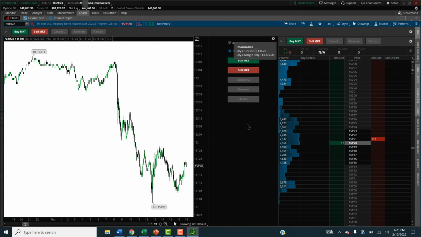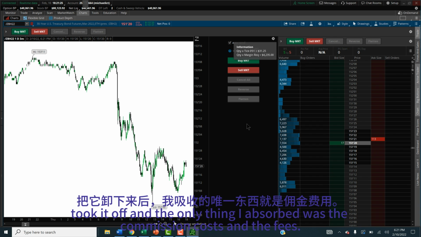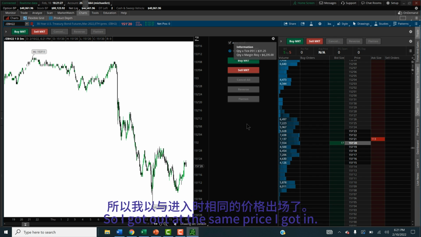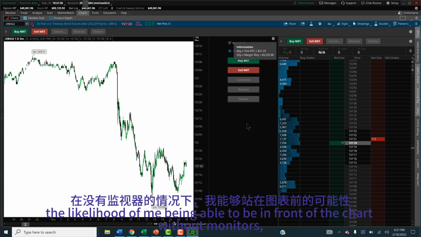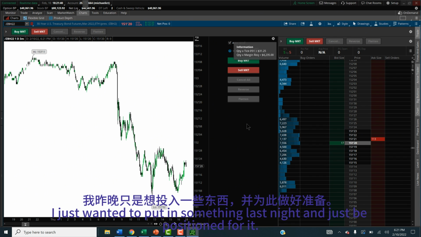But I took it off, and the only thing I absorbed was the commission costs and the fees. So I got out at the same price I got in. It just wasn't moving, but I knew it was going to be moving today. And the likelihood of me being able to be in front of the chart without monitors, I just wanted to put in something last night and just be positioned for it.